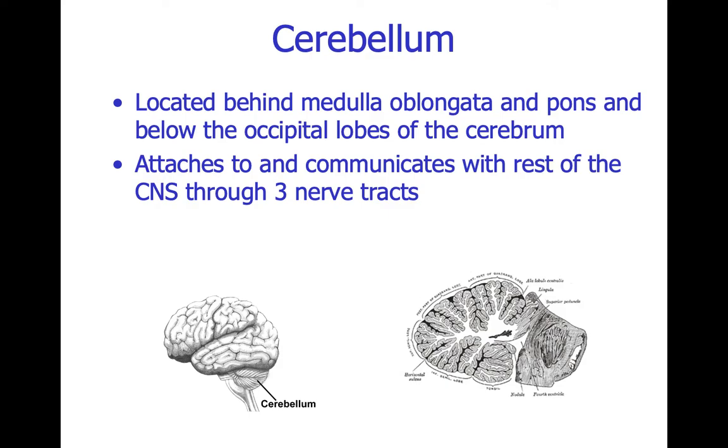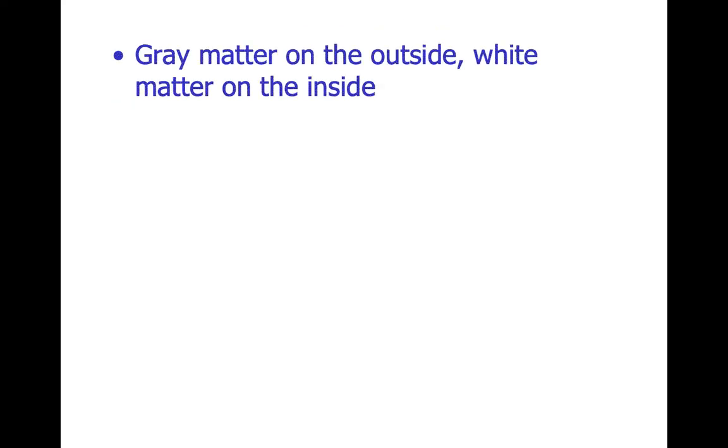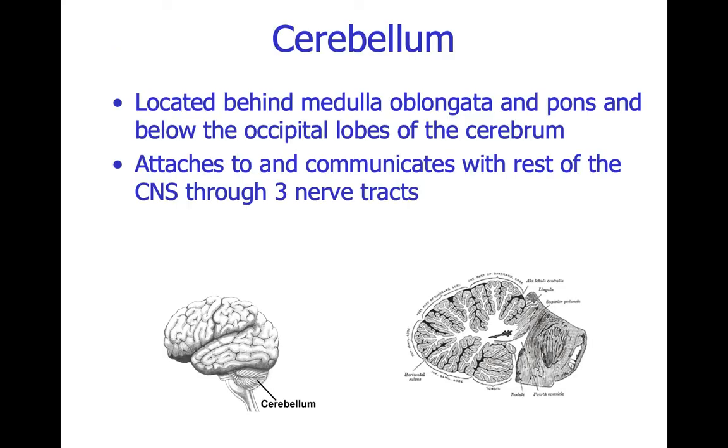That's showing you those white sections, that's white matter, forming kind of a tree-like appearance that we do find in the cerebellum. We're going to find gray matter on the outside, white matter on the inside. That's why with that diagram, the white matter is going to be the branches, and the gray matter is on the outside of the structure.